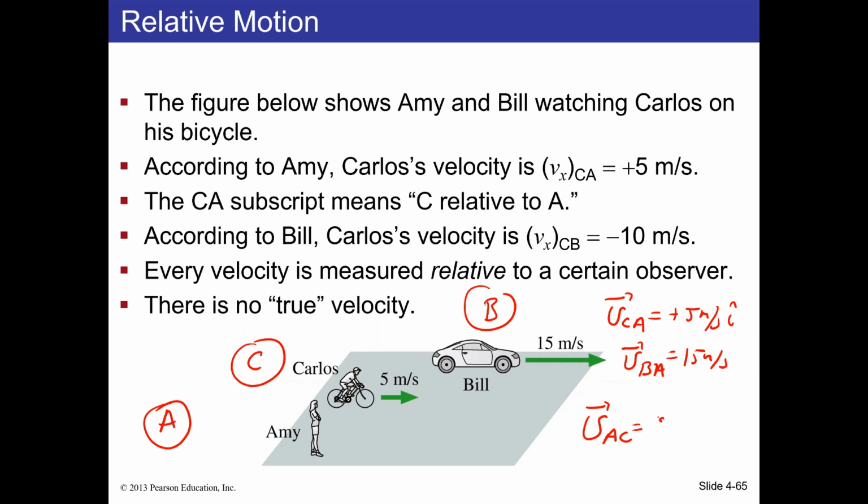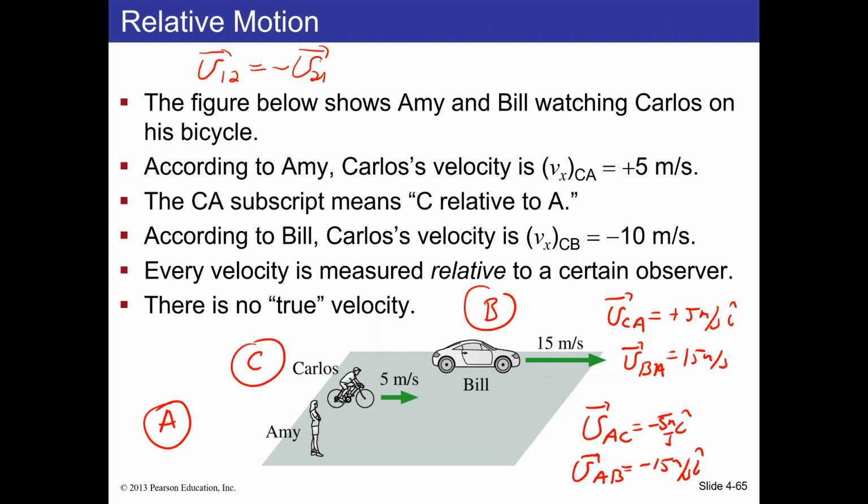In the same way, the velocity of Amy relative to Bill will be negative 15 meters per second. Because if you're in a car, it seems like you're not moving, but Amy is moving in the opposite direction. So you can always say this: the velocity of 1 relative to 2 is always the negative of the velocity of 2 relative to 1. That's always going to be true.